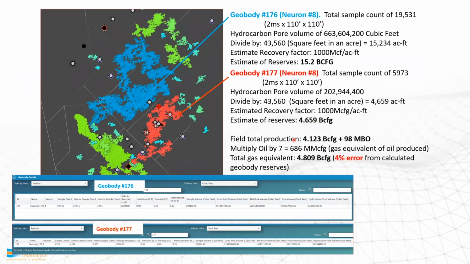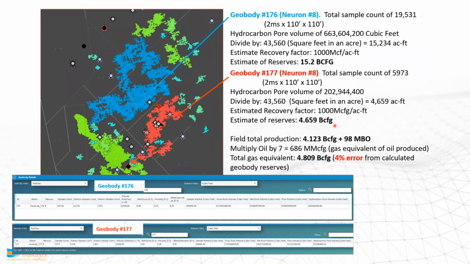Well, that field had produced gas and oil, so I multiplied the oil by 7 to get a gas equivalent. And if you look at the total production of the field, the actual production in a gas equivalent is 4.809. That's only a 4% error from what I was estimating out of the geobody that was calculated in Paradise.